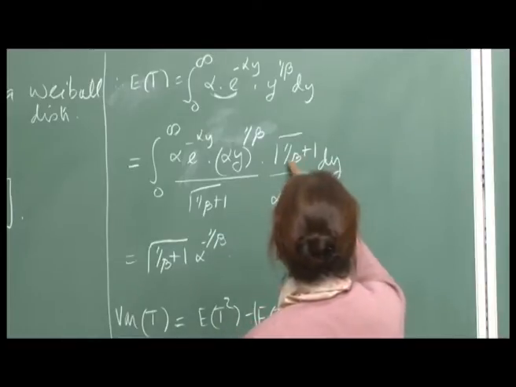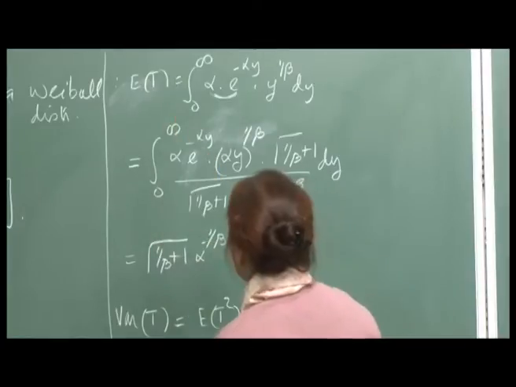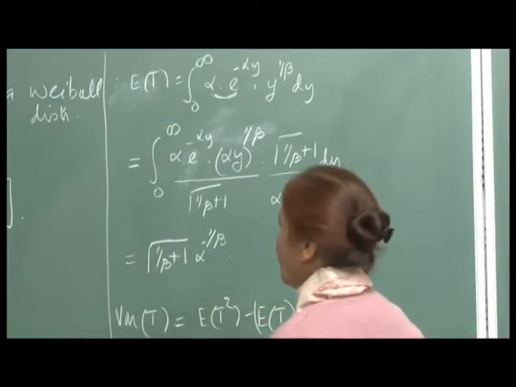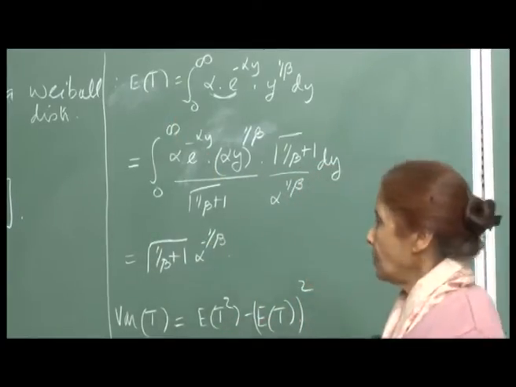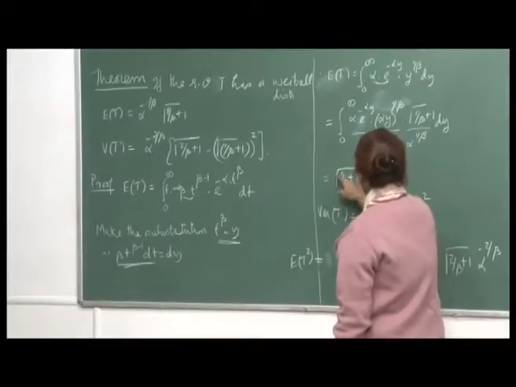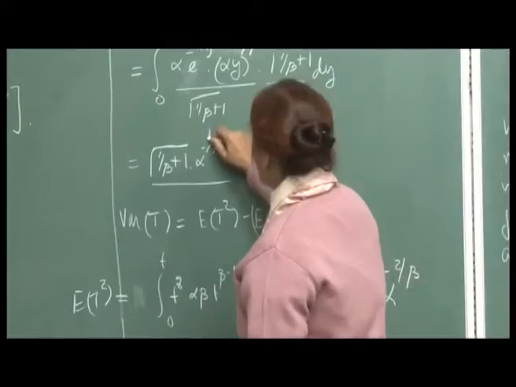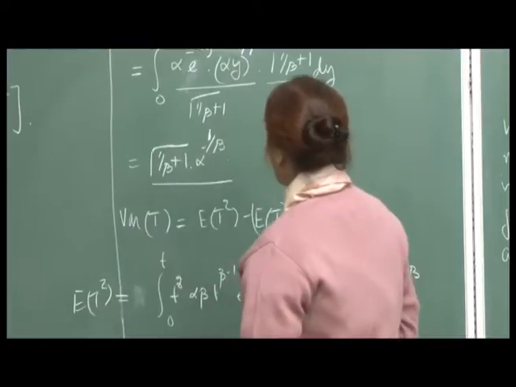So, I am left with this final result. Therefore, the expected value of the random variable t, where t has a Weibull failure law, is given by gamma of 1 by beta plus 1 into alpha raised to minus 1 by beta.